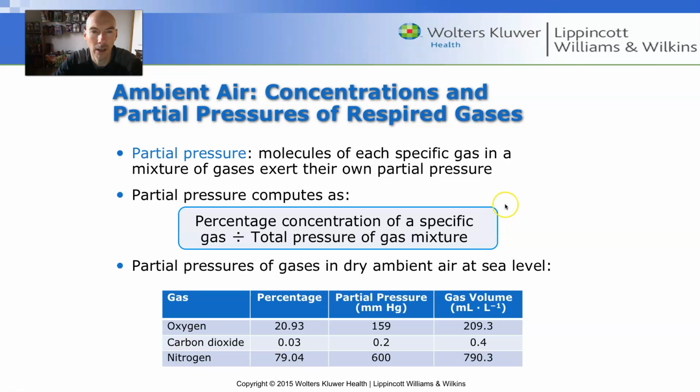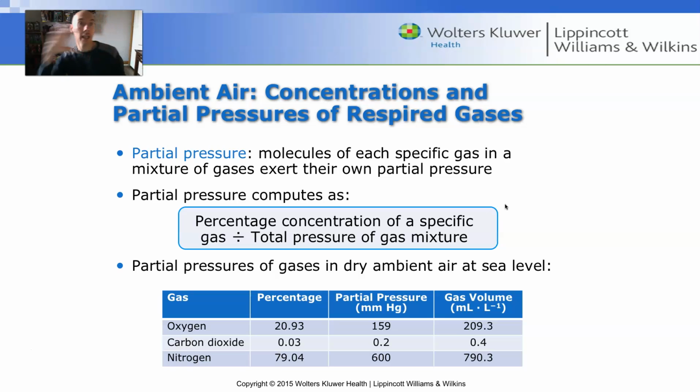I'm trying to think if I even want to introduce this slide to you all at all. I guess we will. We've talked about the barometric pressure, atmospheric pressure is 760 millimeters of mercury. That's of all the gases: oxygen, CO2, nitrogen.